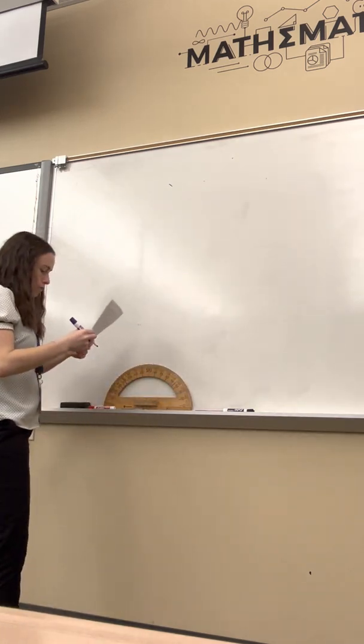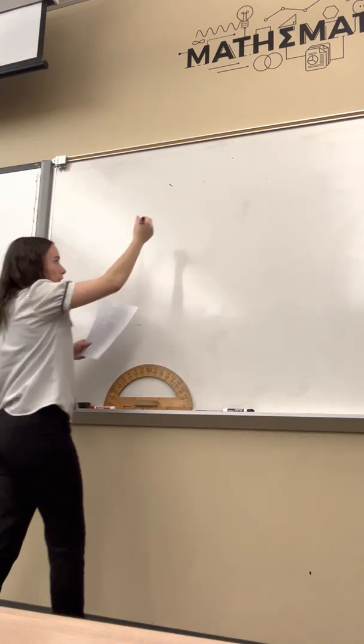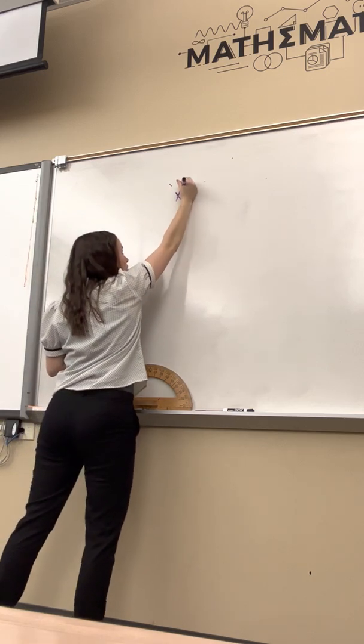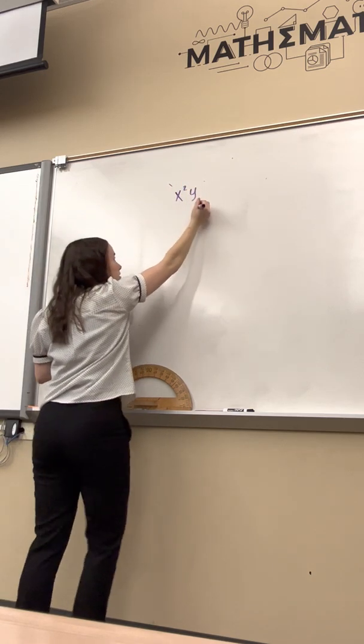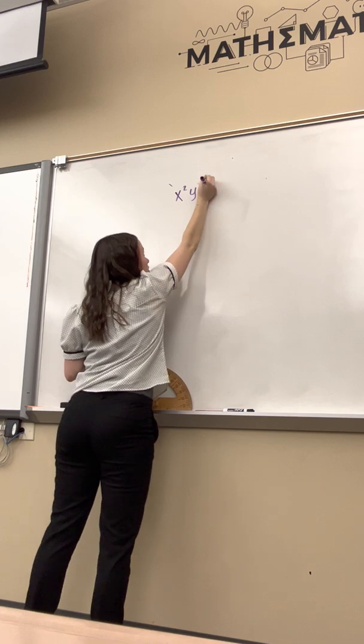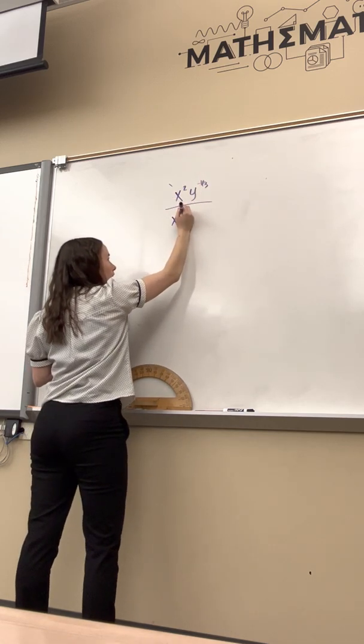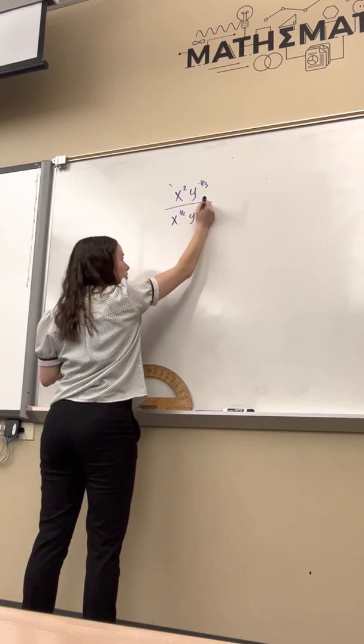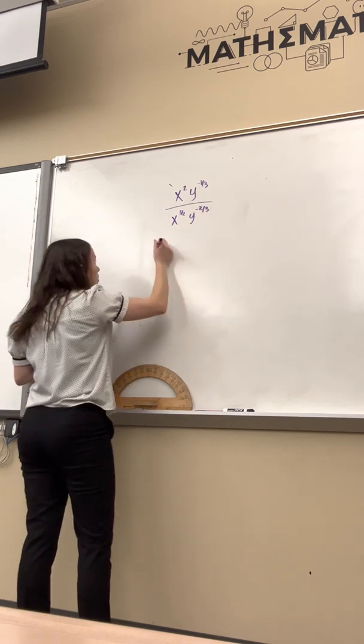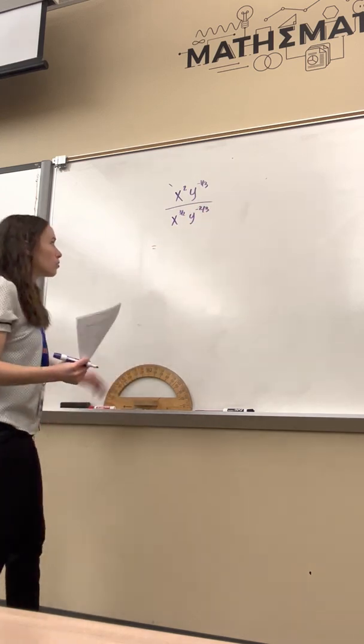So the first one here is going to be a fraction. So we have x squared, y to the negative 1/3 over x to the 3/2, y to the negative 2/3. Okay, first off, we're dealing with division.